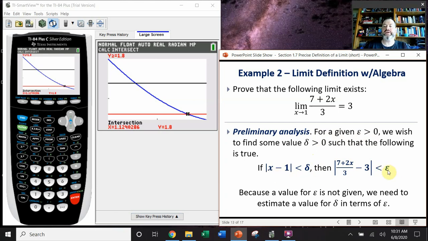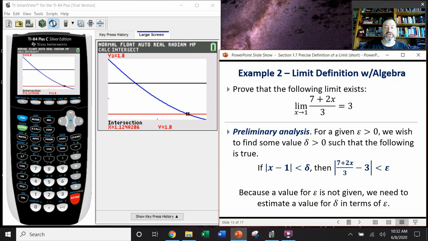So if you know epsilon, I need a formula that will tell me what delta to put in here. And then if I use that delta, then this statement will be true. So we actually have to work backwards, find that value, then go back, plug it in and check it. Notice epsilon is not given, so we need to estimate delta in terms of epsilon.